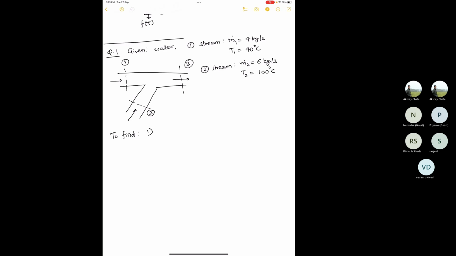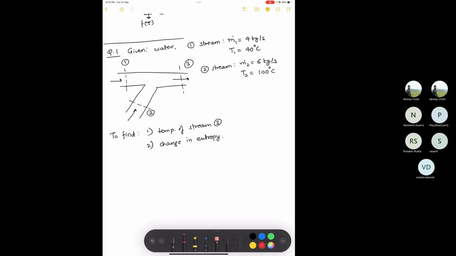The first part is the temperature of stream 3, so basically the exit temperature, and you need to find the change in entropy of this system. So these two are there. First you define your control volume. Let me just highlight it with a different color.